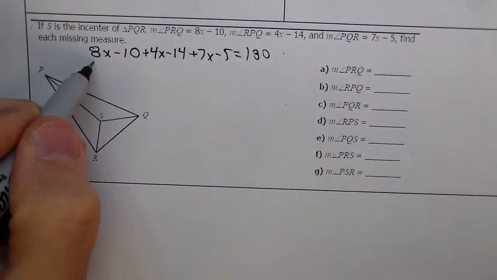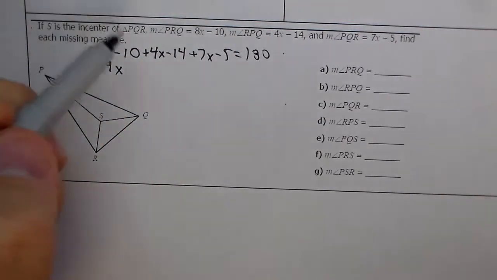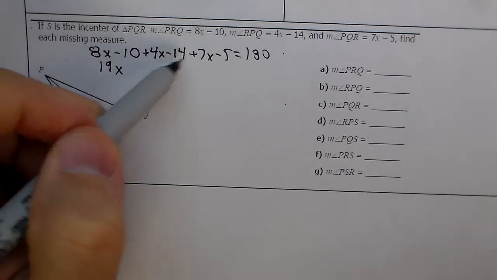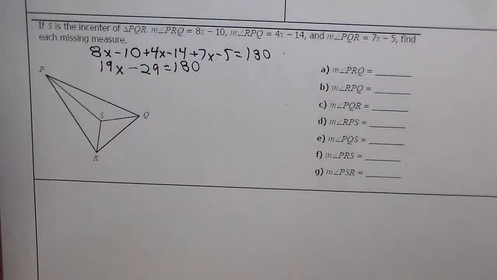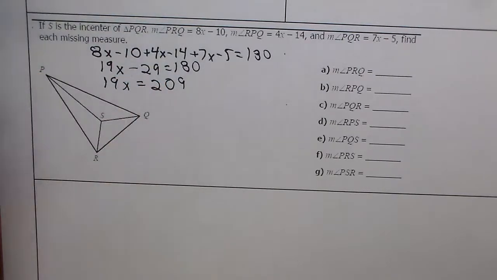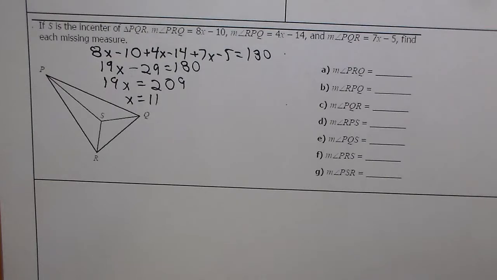So we have 19x, and minus 10 minus 14, that's minus 29 equals 180. So we're going to go 19x equals 209. So x is 11. So if x is 11, I need to go back and find the angles.